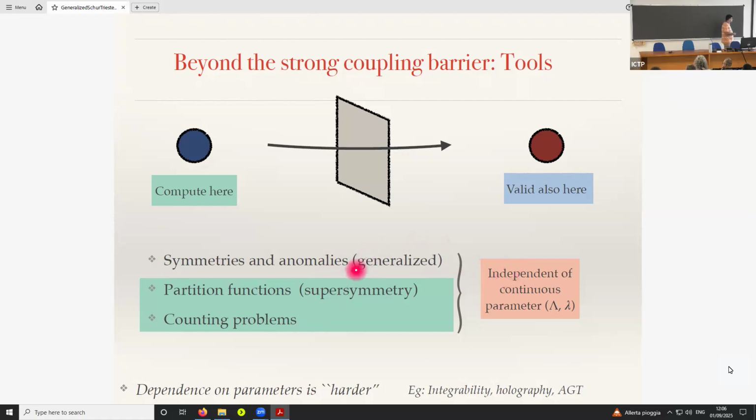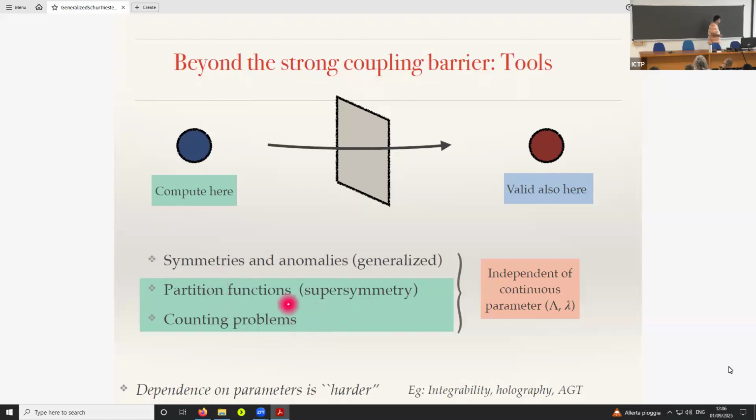And of course, in recent years, there is a lot of progress generalizing these ideas of symmetries and anomalies, and much has been done. I will not be talking about this. I will rather revisit this older subject of looking at supersymmetric quantum field theories. And when we have supersymmetric quantum field theories, we have additional tools that we can devise. Usually they take the form of some kind of a partition function.